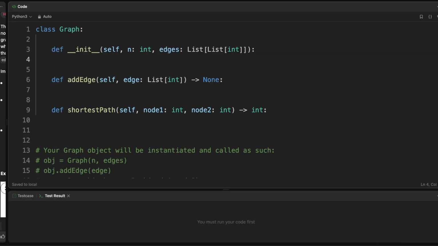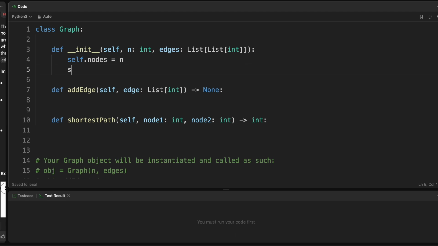All right, so now let's start implementing the solution to this problem. First we're going to do the initialization part. Let's take the variable self.nodes, which will be n, and then let's implement the graph. We're using i for the node, and it's just going to be an empty dictionary, for i in range of n.